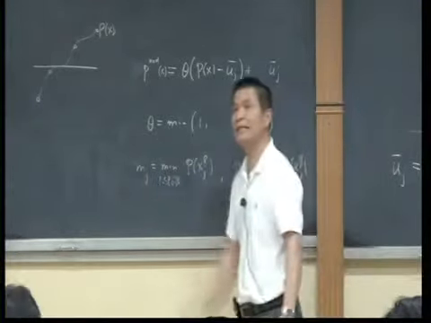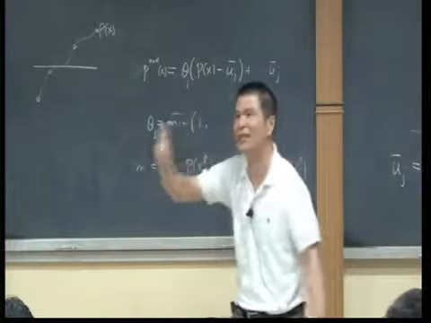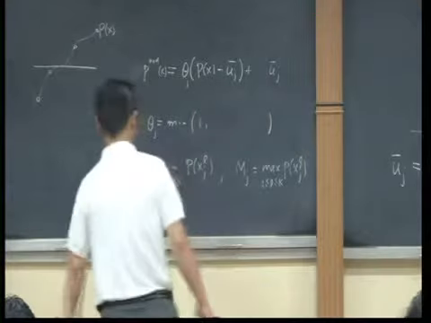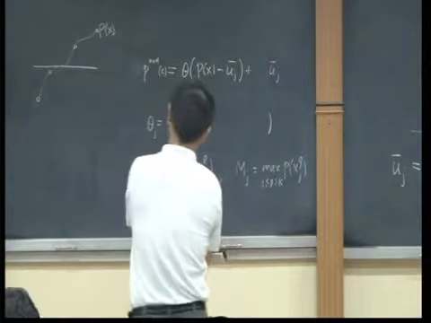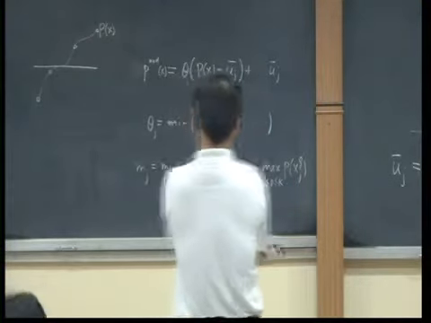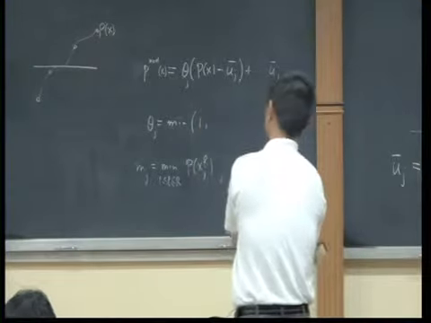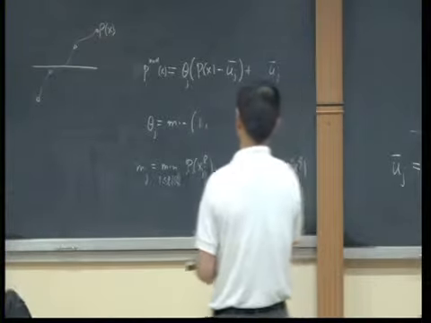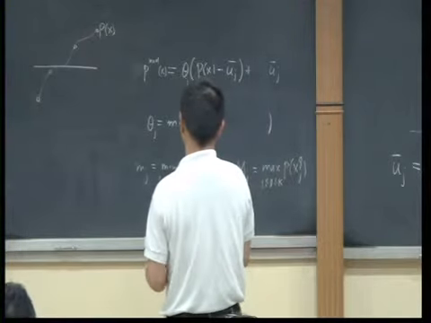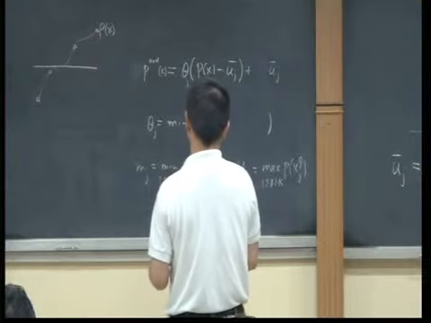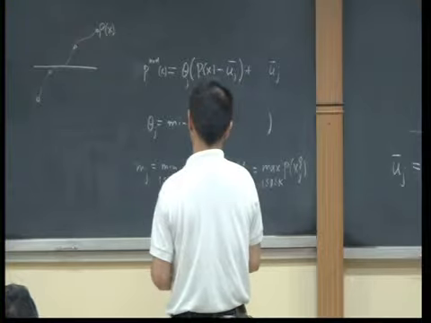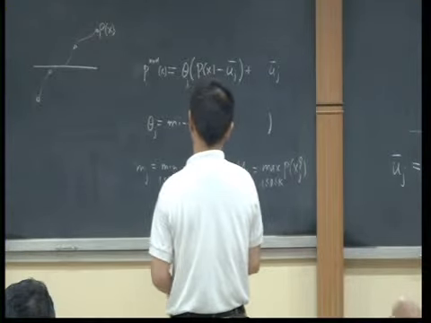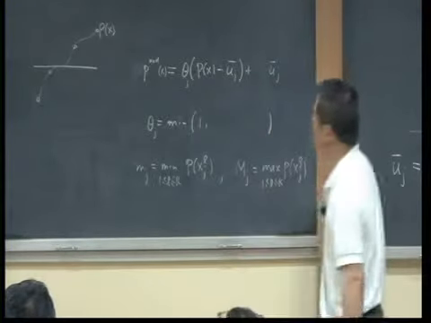Then you can compute this theta. This theta, of course, is theta j, if theta is a different number for different cells. The theta j would be... let's see.